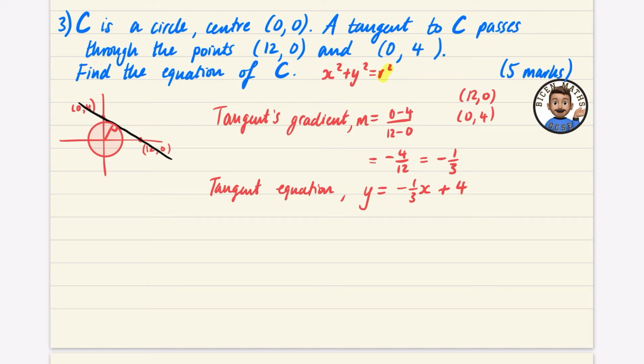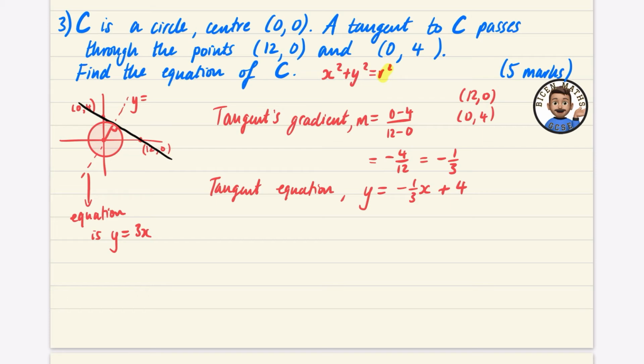We know the radius is going to meet it like this, and the equation of this line is just going to be y equals the negative reciprocal gradient. It's going through the origin, so there's not going to be any plus c at the end. So the equation of this line is y equals 3x, because we've taken the negative reciprocal, as the black line and the red line are perpendicular, and there's nothing added on afterwards because it goes through the origin, so it's like a plus 0.